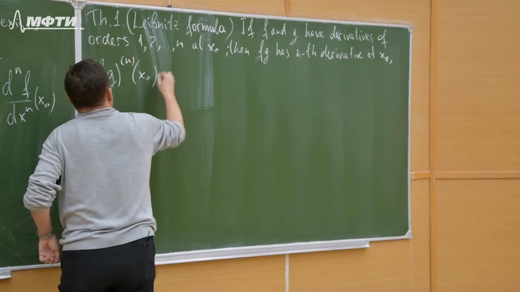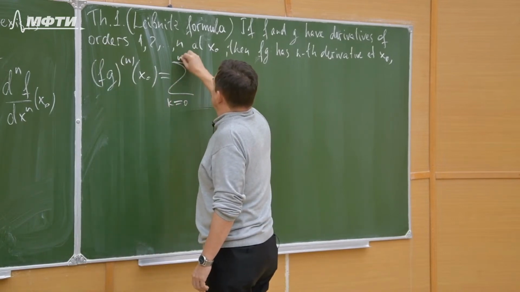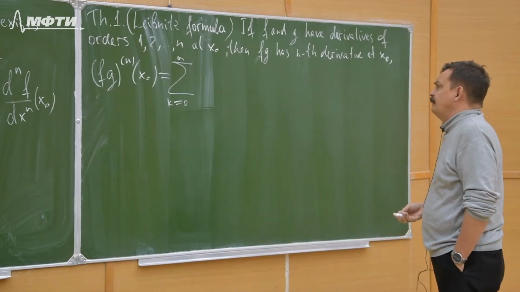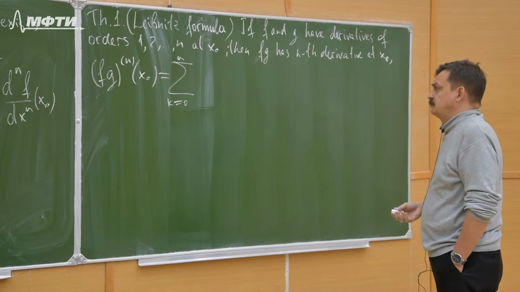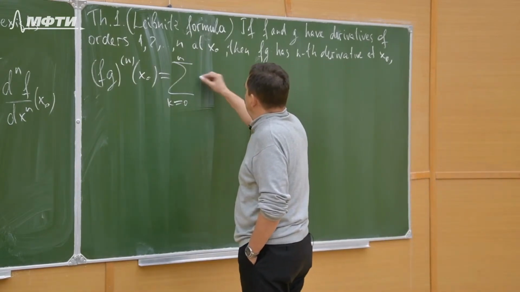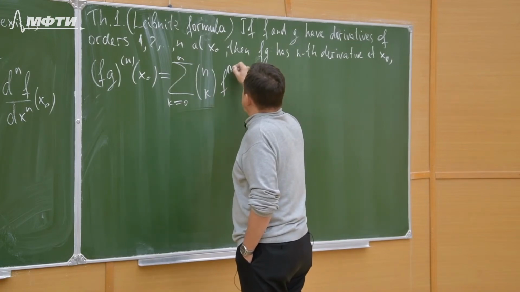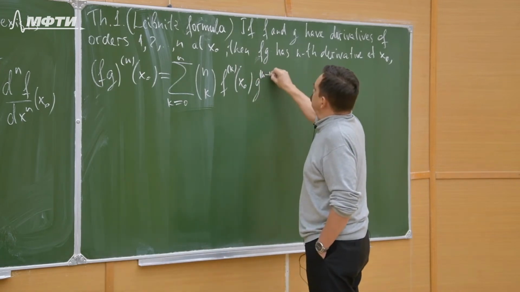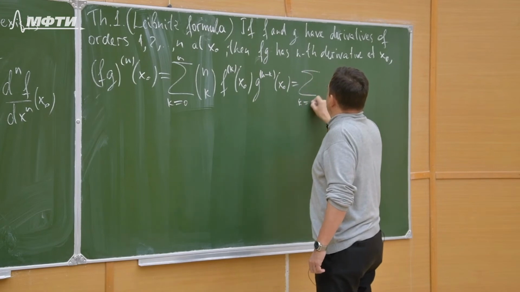and the derivative is equal to the sum, k from 0 to n. Okay, once again, there is a choice for notations, so maybe I'll indicate here both, and it's another notation for the same thing.